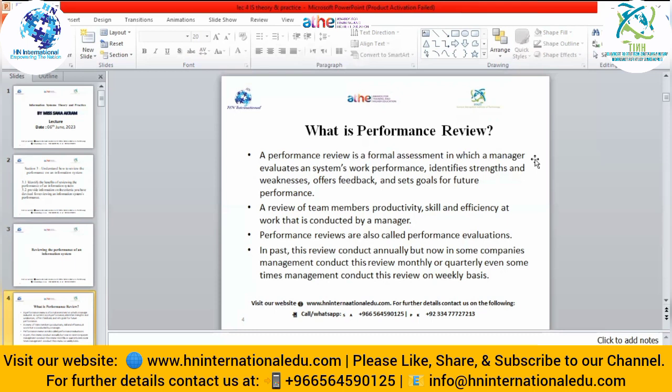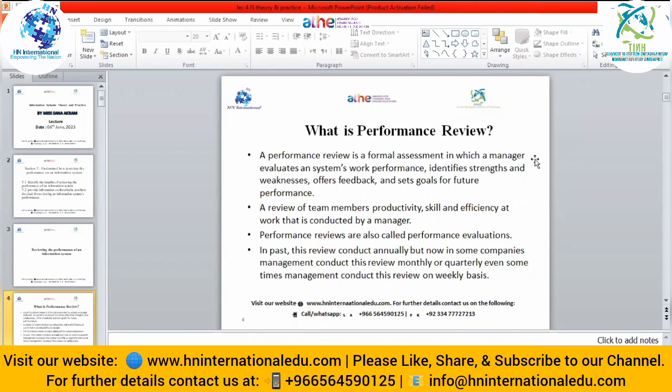So we have to set a criteria or a goal according to our strength or our weakness, and we have to improve the weakness. A review of the team members' productivity: whenever we identify our weak areas or the strengths of our system, we can judge how productive our team members are and what their skills are.